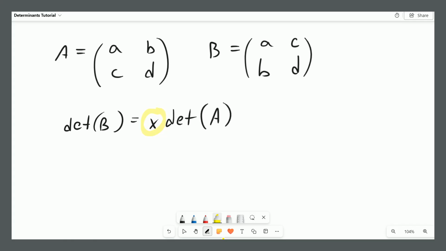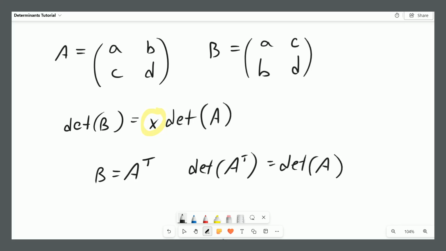Well, if we look at B closely, we'll actually notice that B equals A transpose, and the determinant of A transpose equals the determinant of A. And that follows from the fact that the determinant can be done along any row or any column. So what we actually have is that x equals 1, okay, because the determinant of A equals the determinant of B. Well, let's go on to the next.